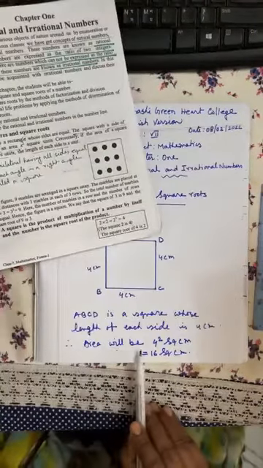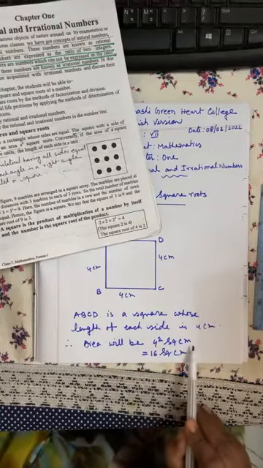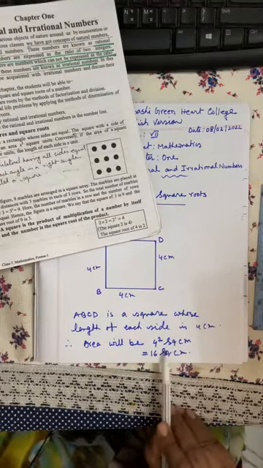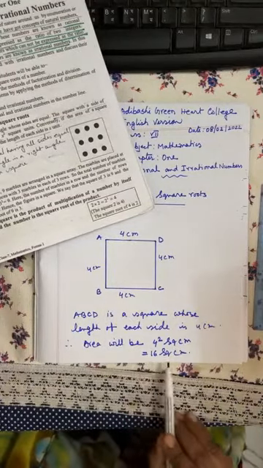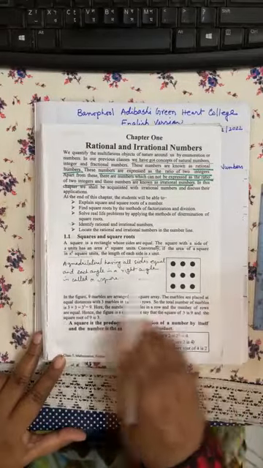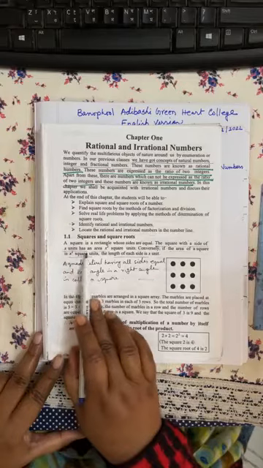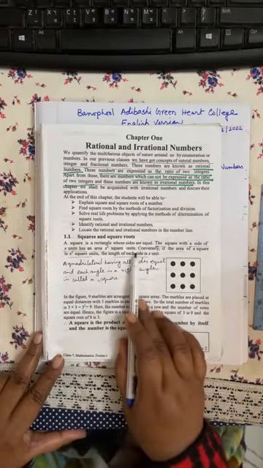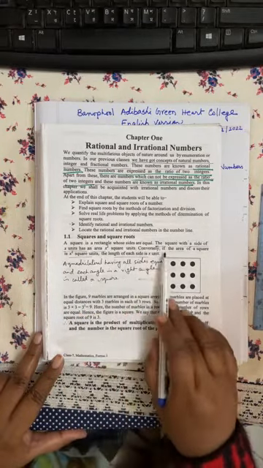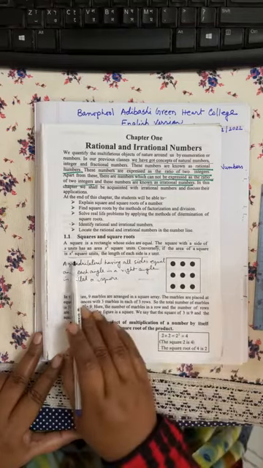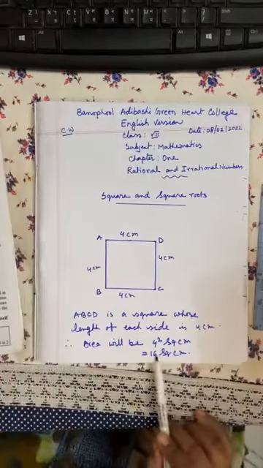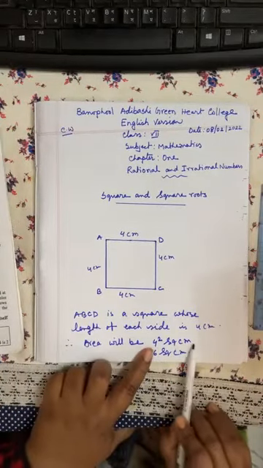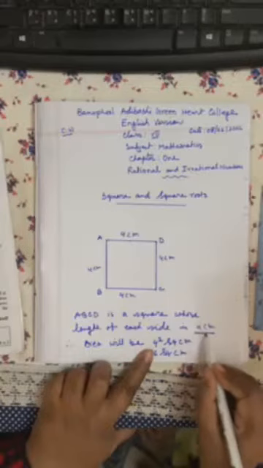See here, area will be x square, that is 4 square centimeter. Square units means square, here unit is given in centimeter, so it will be 16 square centimeter. That is why it is said that the square with a side of x units has an area x square units. Conversely, if the area of a square is x square units, the length of each side is x unit. If the area is x square unit, then length will be x unit.